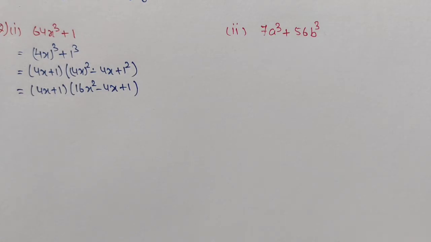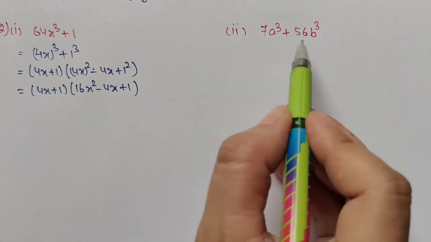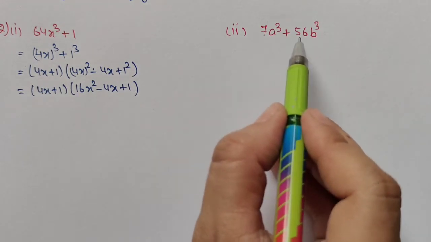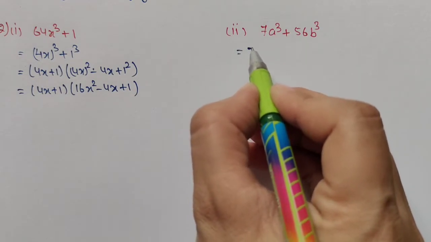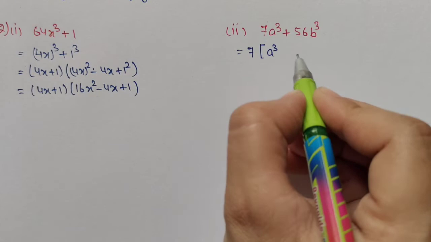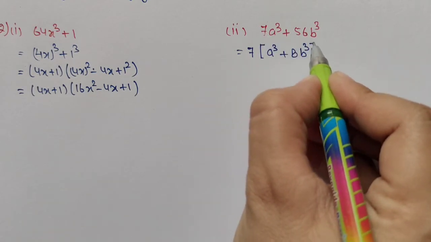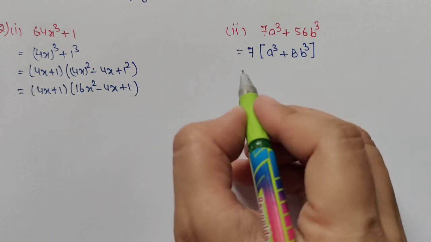In the second part, 7a cube plus 56b cube. Here 7 is not a perfect cube, which means we have to take something common from 7 and 56. We can take 7 out common. Here we will get a cube, and 7 8s are 56, so 8b cube. Now 8 is a perfect cube.